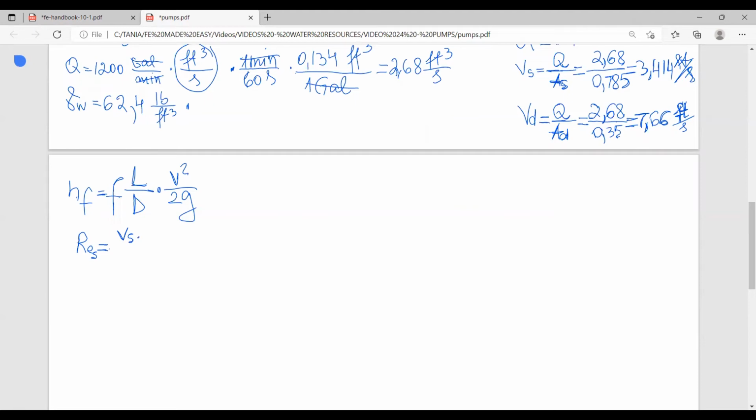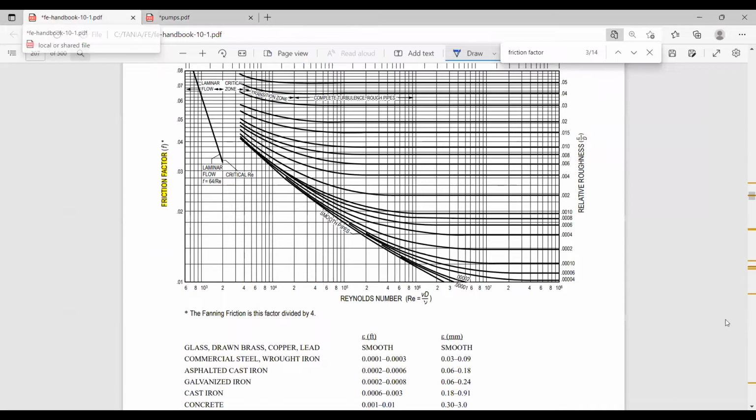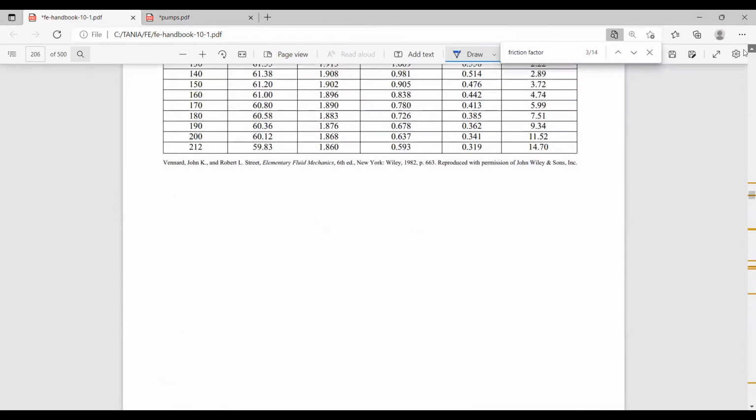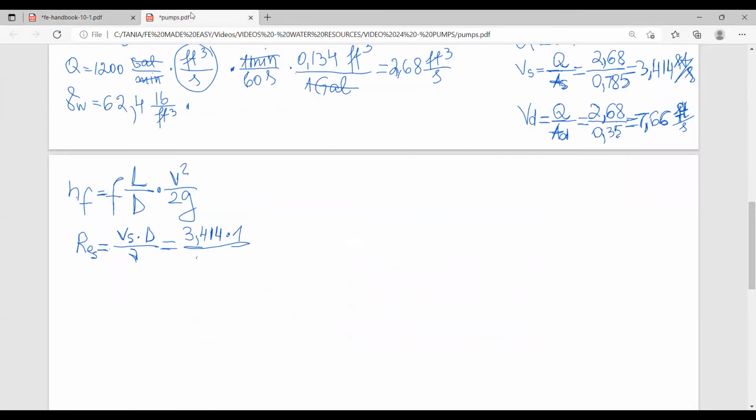Velocity at suction times diameter at suction over kinematic viscosity equals 3.414 times the diameter of portion 1, which is 12 inches, or 1 foot, over 1.217 times 10 to minus 5, and we get 2.8 times 10 to 5.